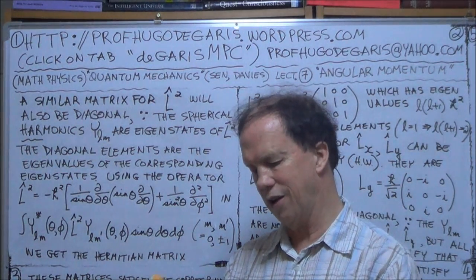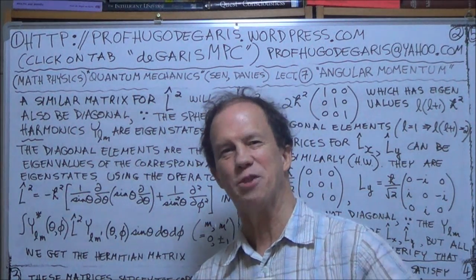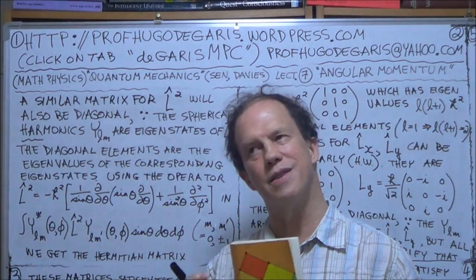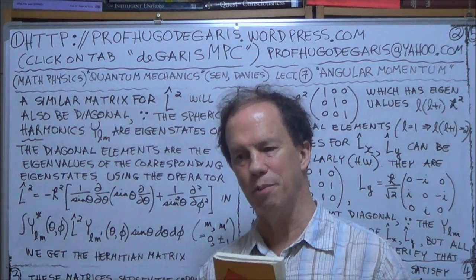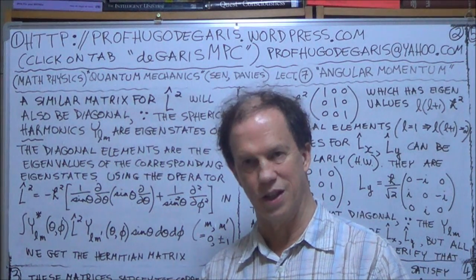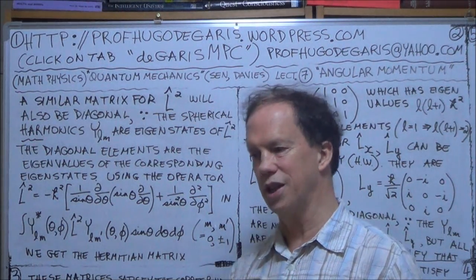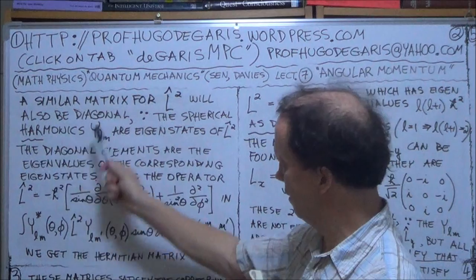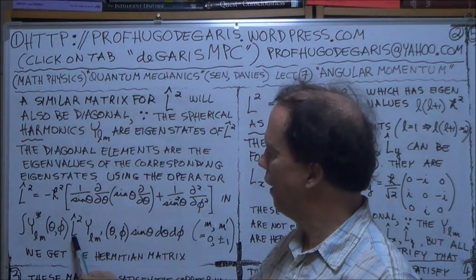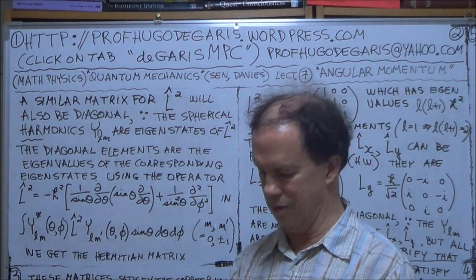And talking a little bit about characters. Without getting too technical, I don't really want to explain what a character is in the context of groups and representations. But it's a concept that comes out of representation of groups, which makes manipulating these representations easier. These are just called reps, a matrix representation of usually a group member. In this context, angular momentum, a matrix representation of an angular momentum operator, or L squared, Lz, whatever.